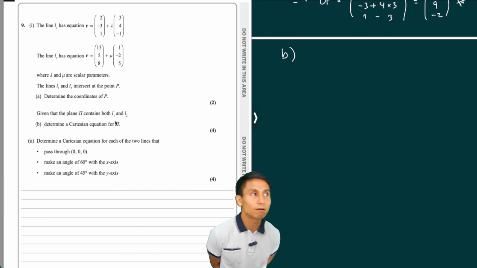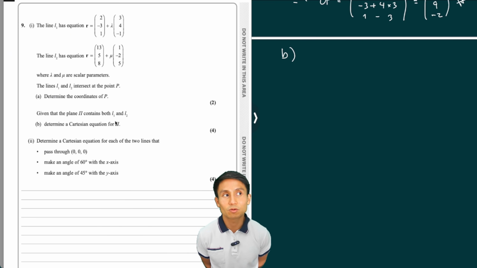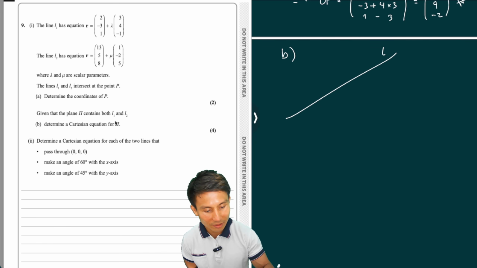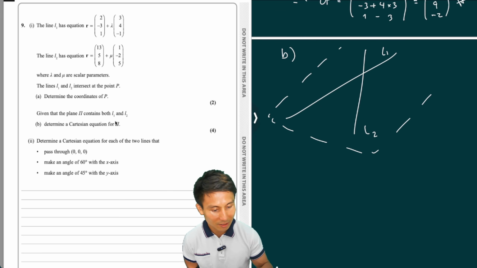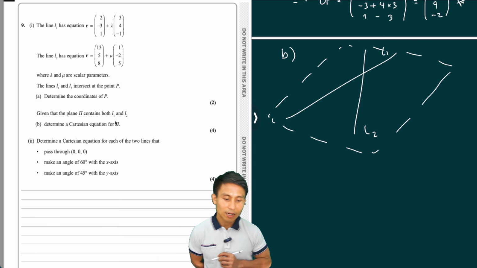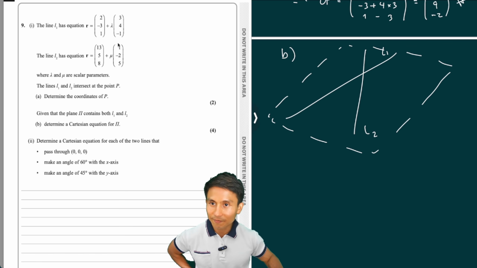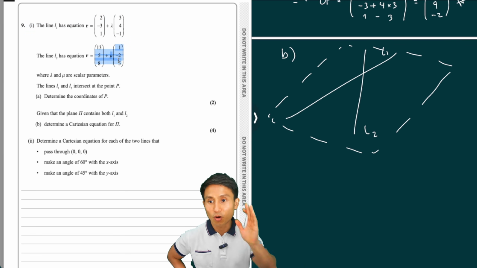So we have two lines that will be contained in a plane. So if that's line L1, that's line L2, and here you have the plane that will contain both lines. Now, probably the easiest way to do this is to use the direction vectors of the two lines and find the normal vector.